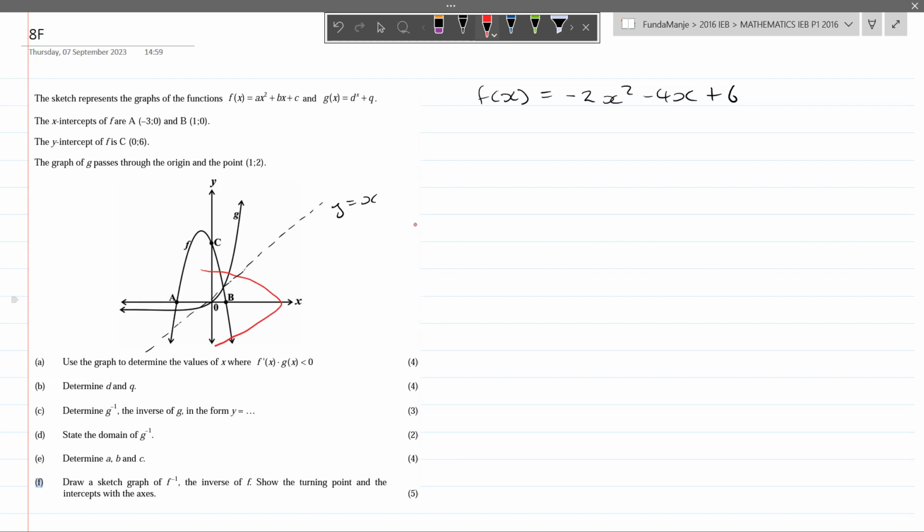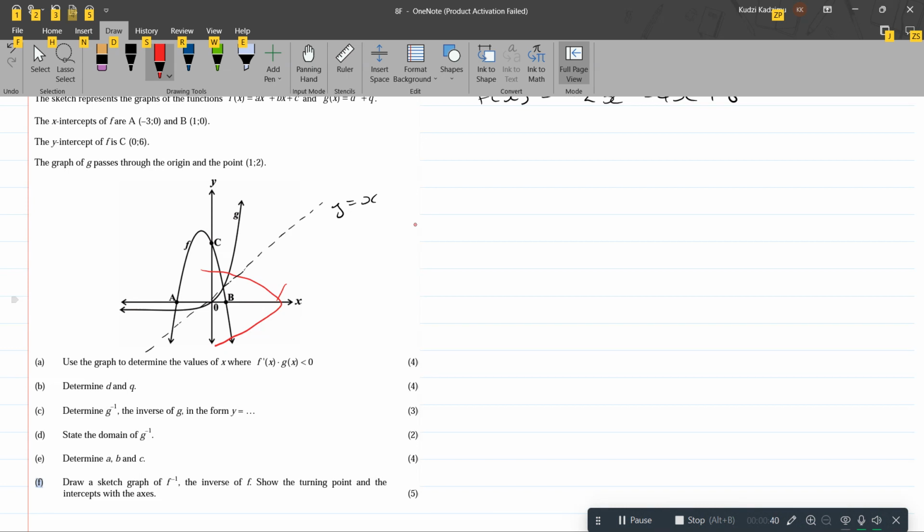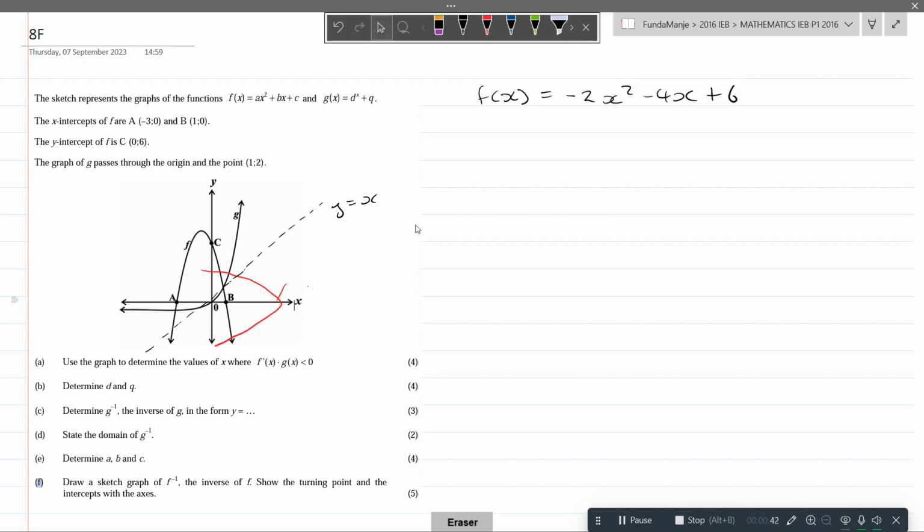Now we need to compute the actual values of this function. So it would look something like this. But now the actual values, we need to know first of all what's the turning point of the original, so that we can find the turning point of the other one, the inverse one. So from the previous question, we learned the x value as -1 by just getting the midpoint between the x-intercepts.